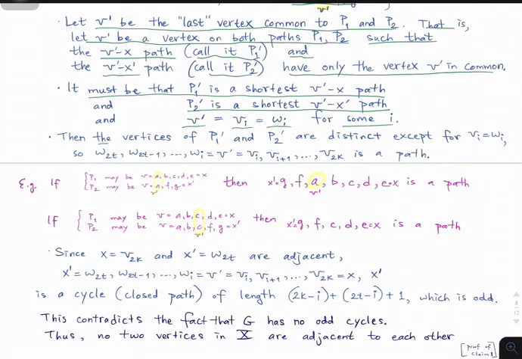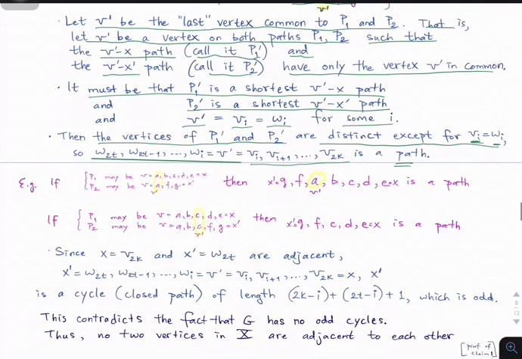So this means that the vertices of P1 prime and P2 prime are in fact distinct except for vi and wi. And so we can take all of those vertices from P1 prime and P2 prime and join them together to form a path, because all of the vertices are distinct except for the first vertex.